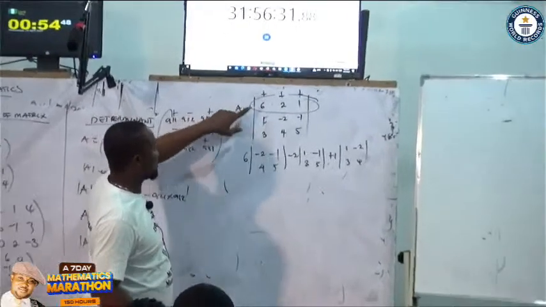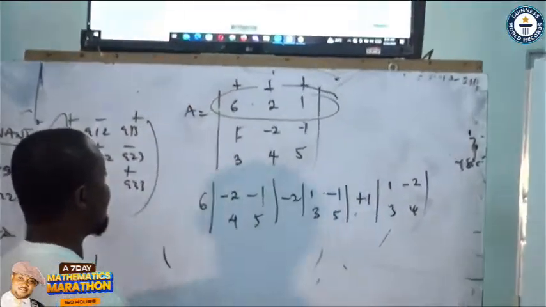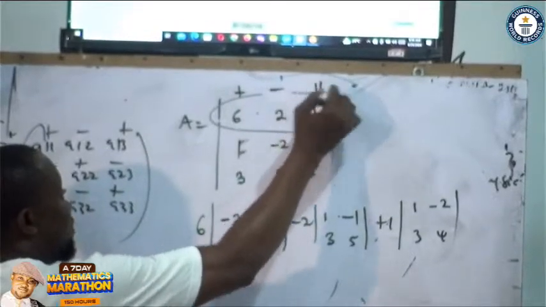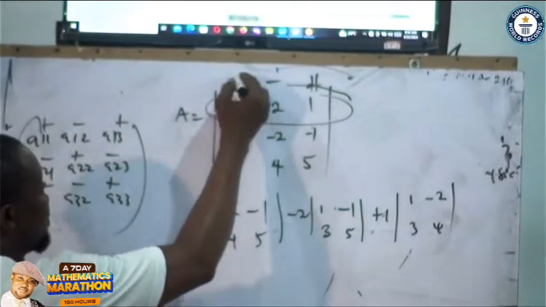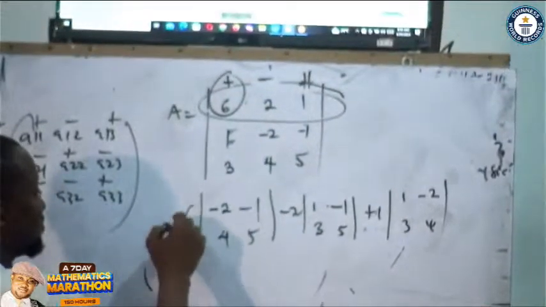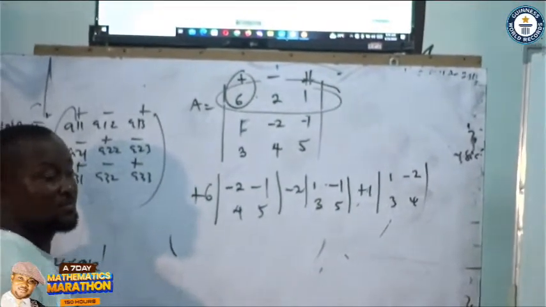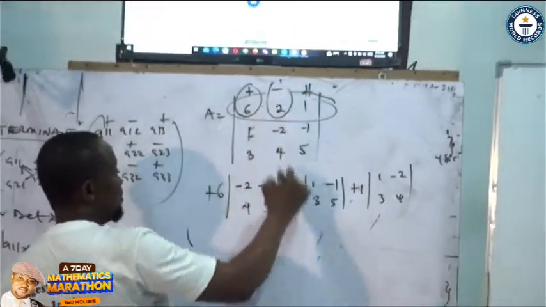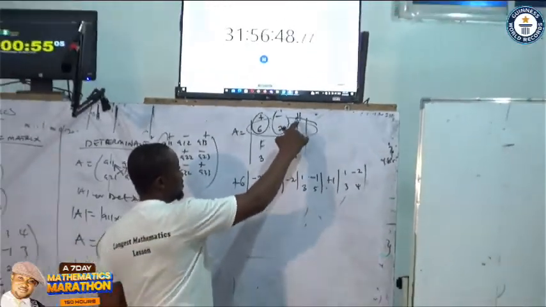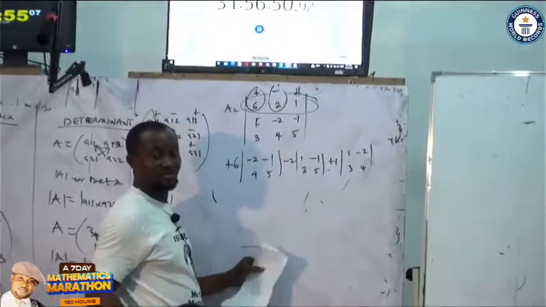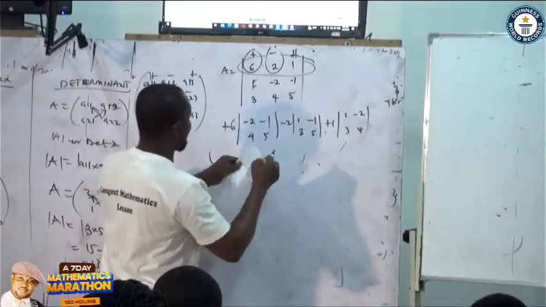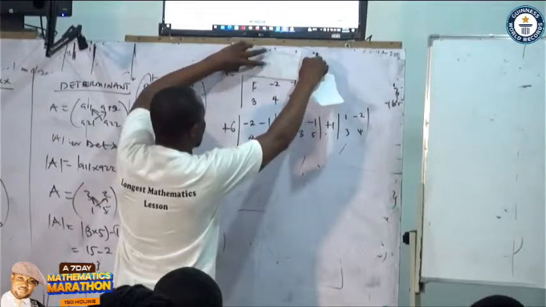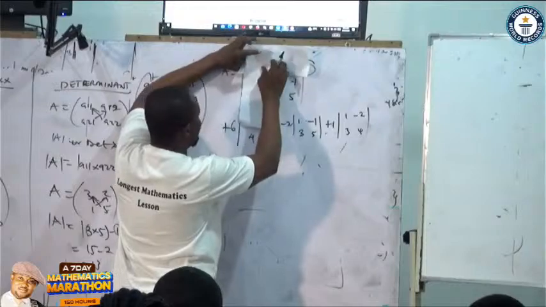So anytime you want to find the determinant, the first thing you do is write plus, minus, plus, because I'm using that first row. Now when you take 6, 6 is plus. When you take minus 2, it is minus, that's why I say plus, minus, plus 1. Now when you take that 6 out, what do you see in that row of 6? Both the row and the column, you don't need it.